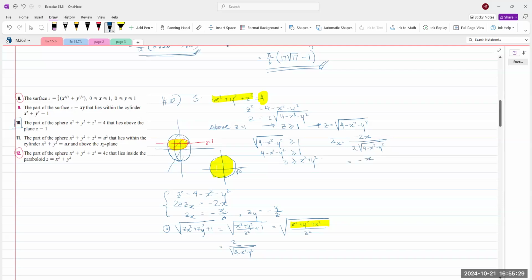That's negative x over square root of 4 minus x squared minus y squared. Now, if you prefer to do it that way, that's totally fine. But I want to identify that negative x over this guy here is negative x over z. Notice that this guy is basically our z, right?